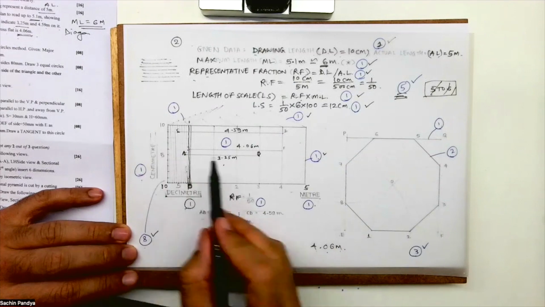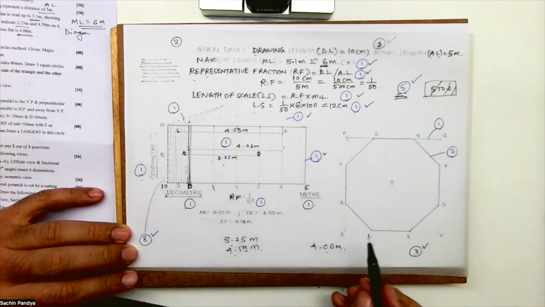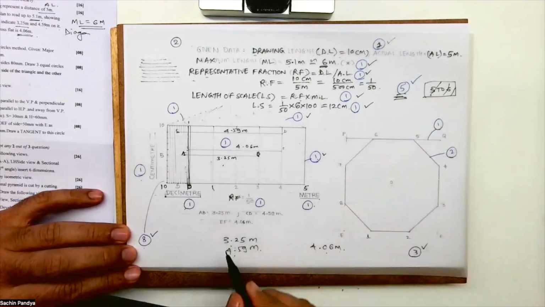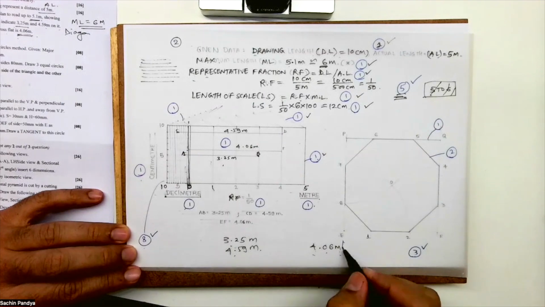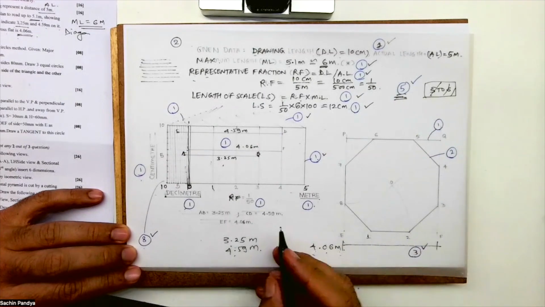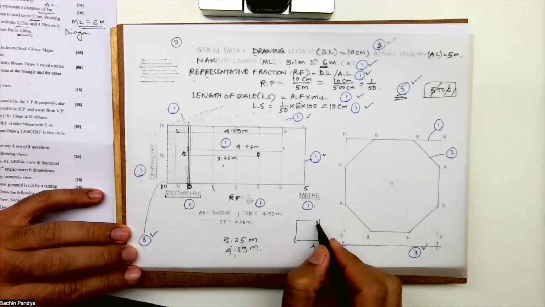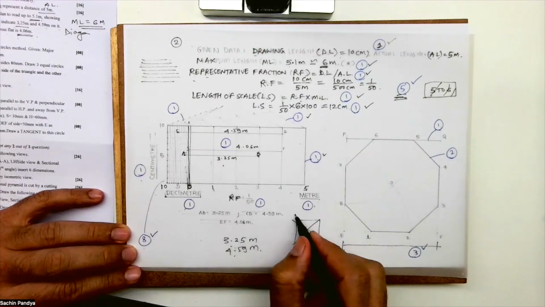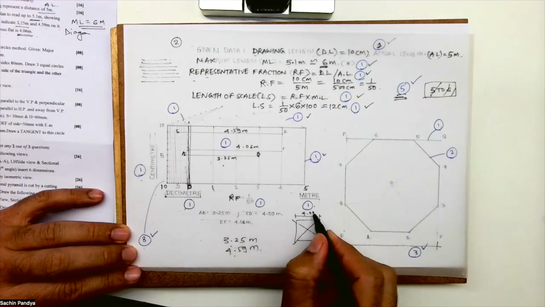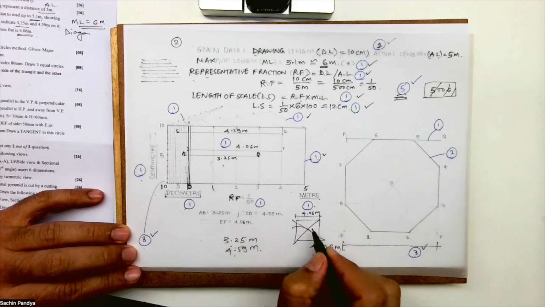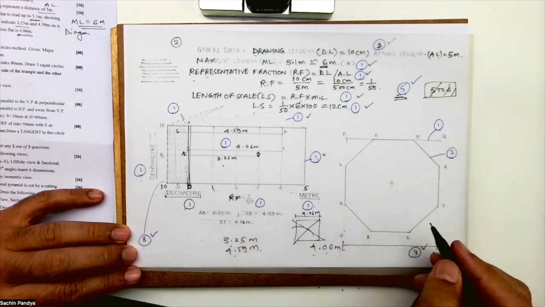Right? Now what we need to do, we need to draw the octagon by the across flat method. So what I will do, I will take 4.06 and I will draw a square. I will join the diagonal. So this dimension would be how much? 4.06. That you need to show. And you show this method and you draw this octagon.